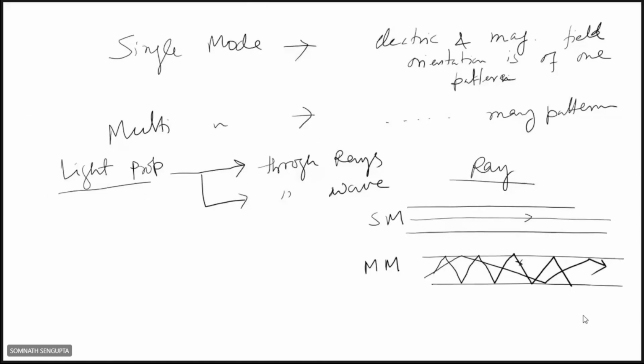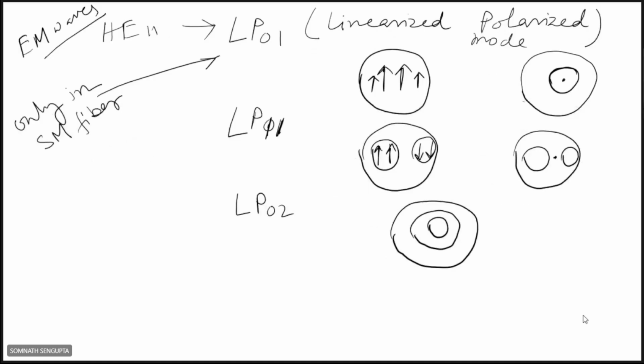Then we discussed what do you mean by single mode and multi-mode, and light propagation, how it can be explained, like using rays and waves. Then we discussed slightly on modes, like linearly polarized modes. All this thing we will study in the theory.